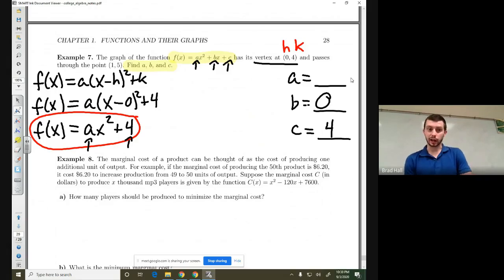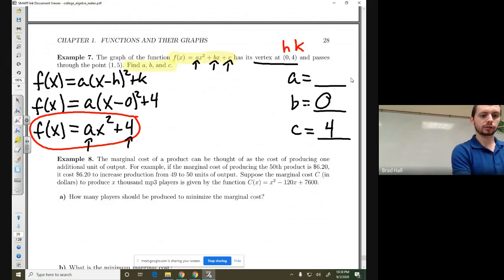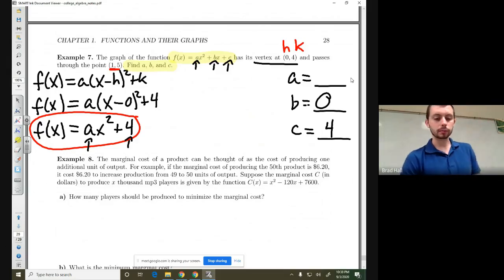So how do we find a? Well, this is what we did in the last problem. We plugged in that extra point that was provided to us. In this case, that extra point is 1, 5. So we're going to plug that in for x and y.